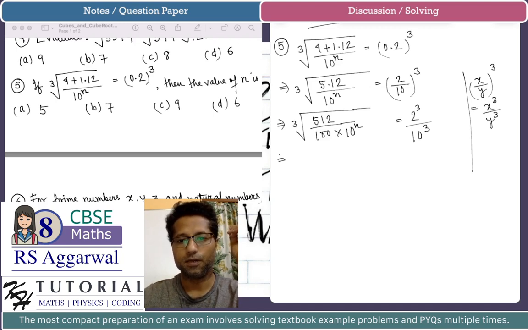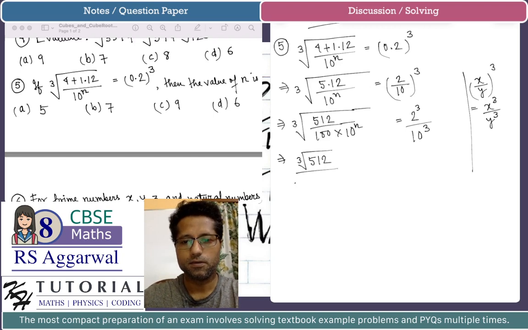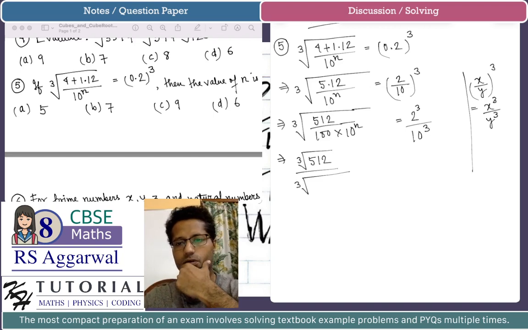So now we can simplify the left hand side as the cube root of 512 divided by the cube root of 100 into 10 to the power n.